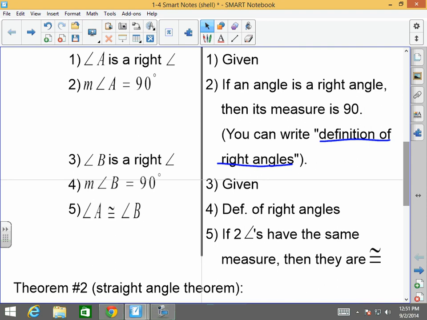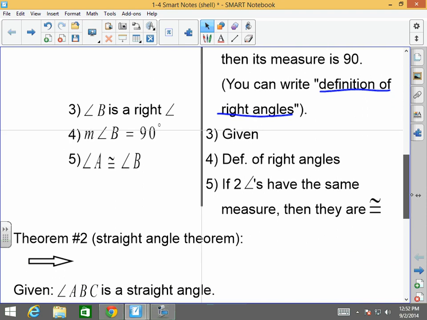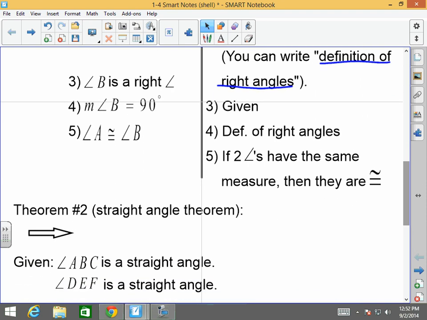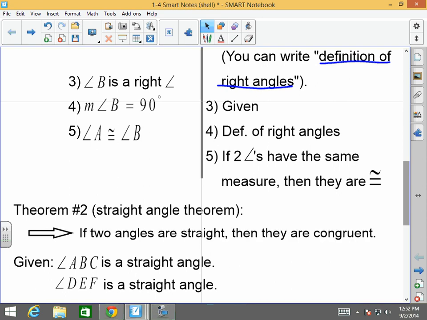Awesome. Now, theorem 2. We're talking about the straight angle theorem. Now, think about what we just defined as the right angle theorem. What would you think the straight angle theorem states, guys? Any thoughts at all? There's no right or wrong answer. Well, there's a wrong answer, but anyone want to try? You are on fire, brother. Straight angle theorem is very simple, just like the right angle theorem.